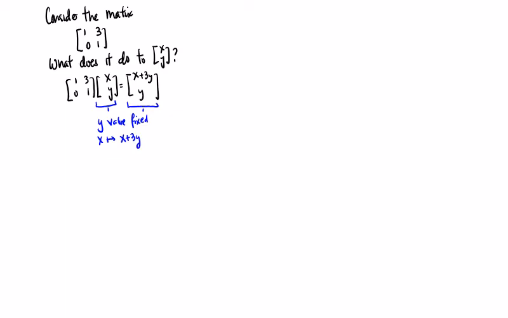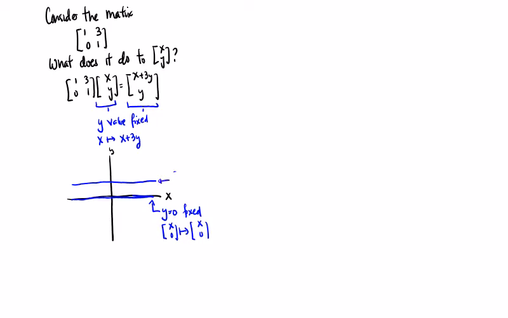So visually, what's going on here in the two-dimensional situation? For example, when y is 0, this line, the line y equals 0, is fixed, because specifically (x, 0), according to our mapping, goes to (x, 0). The line y equals 1, (x, 1), goes to (x plus 3, 1).